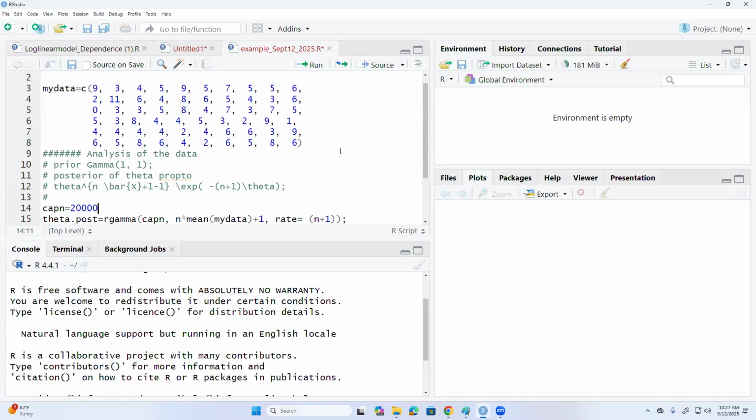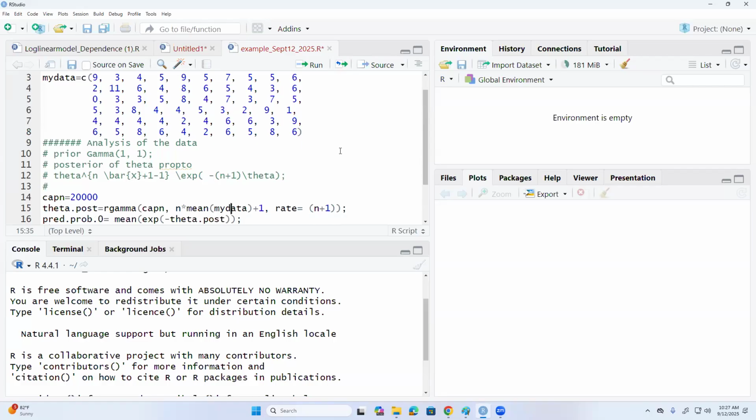Suppose I sample 20,000 observations from this posterior distribution, with shape n times the mean of my data plus 1 and rate equal to n plus 1.